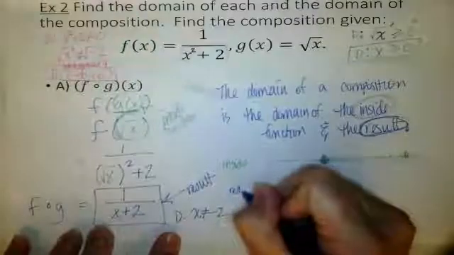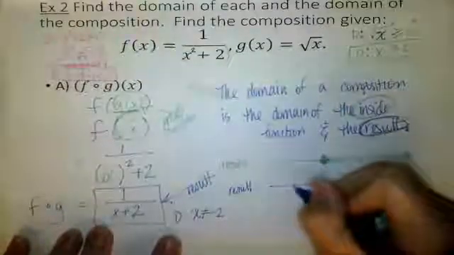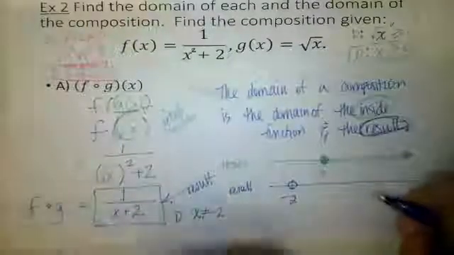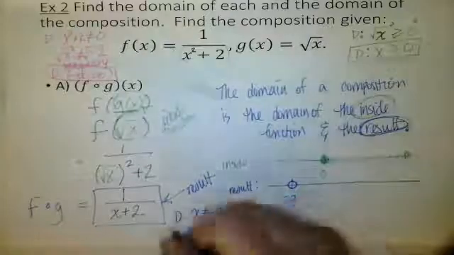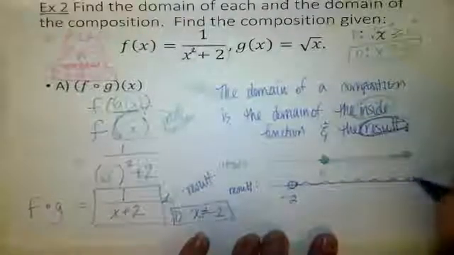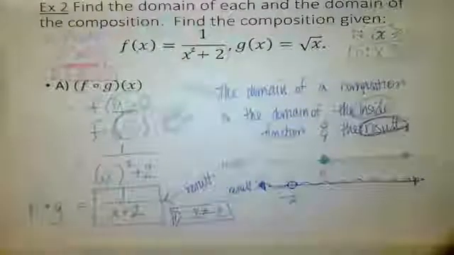So here's my result. I am going to graph that result. So right here is -2. -2 does not work, but everything else does, right? So everything to the right works, and everything to the left works, but -2 does not work.